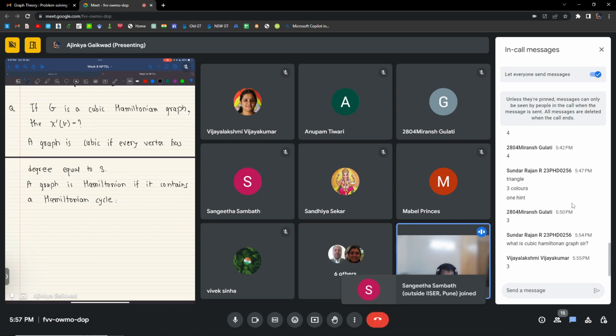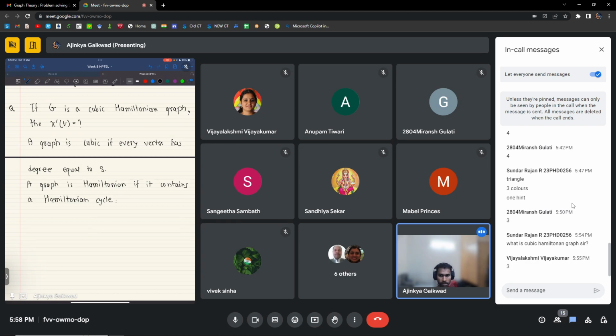Okay, so how many of you think it is 3? Put +1, and those of you who think it is 4, put -1. Let's see, because the answer is either 3 or 4, right? Because of what theorem we have seen.